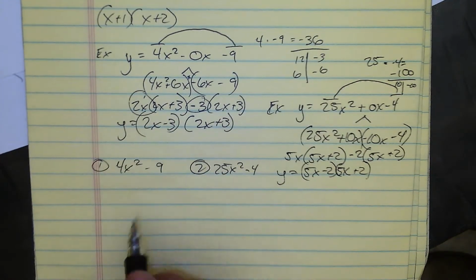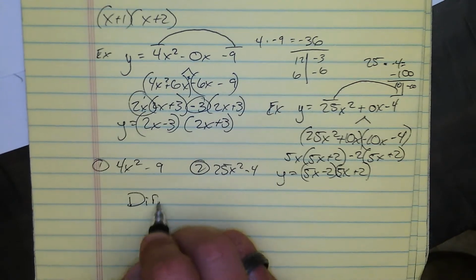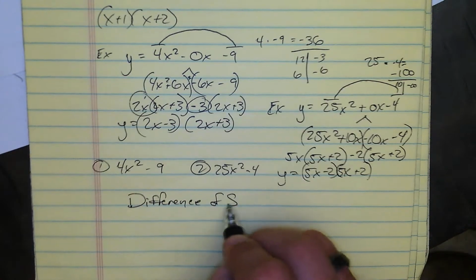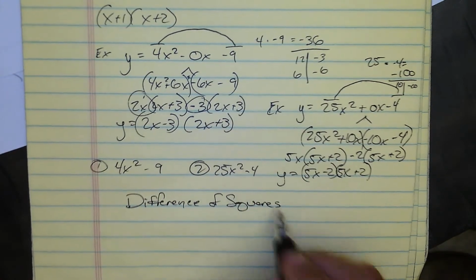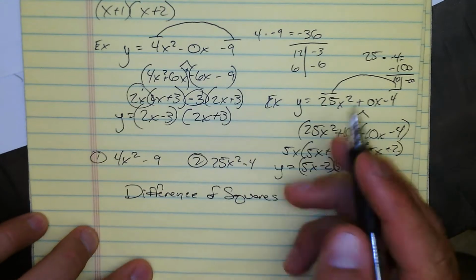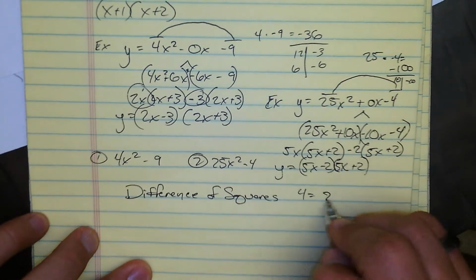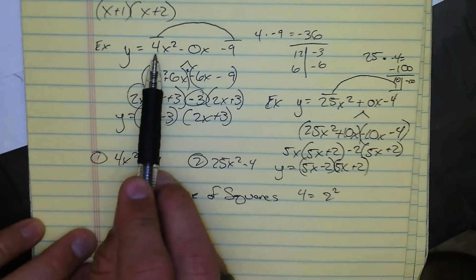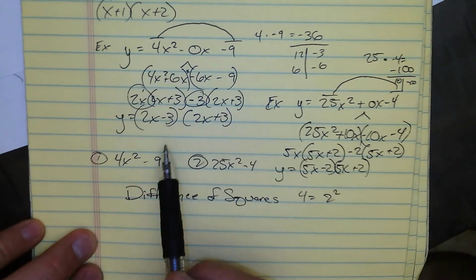These are called differences of squares. Difference, being there's subtraction, and squares, being there are numbers that are squared. For instance, 4 equals 2 squared. And if you notice, we have 2x and 2x, and then we have a 4x squared.